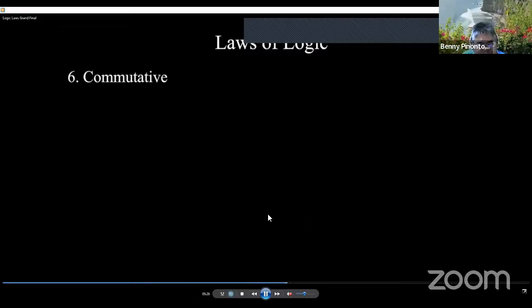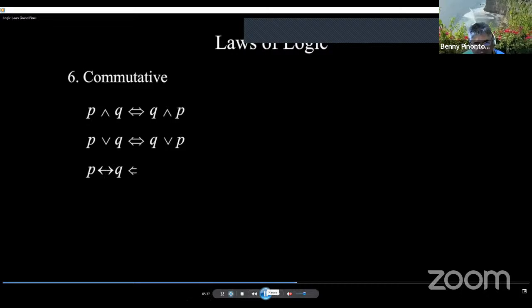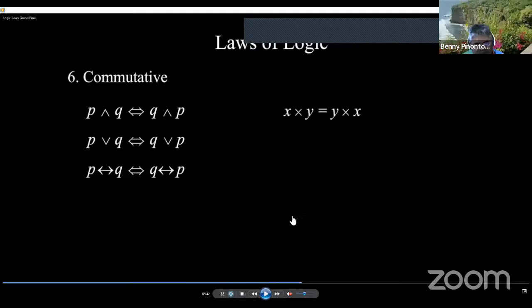Now the commutative, yeah, commutative. So P and Q is equivalent to Q and P, P or Q is equivalent to Q or P, and P if and only if Q is equivalent to Q if and only if P. So the order doesn't matter.